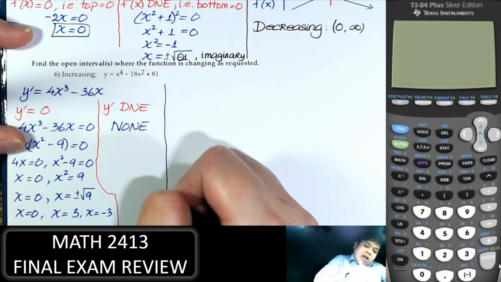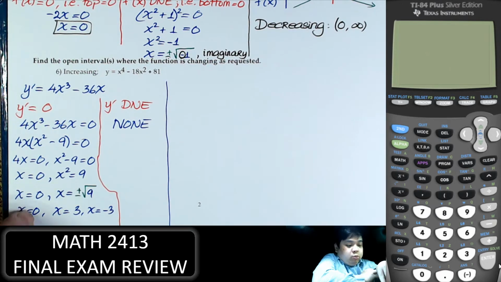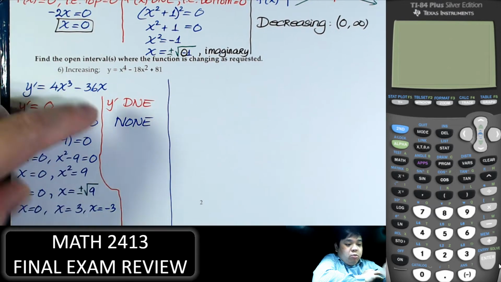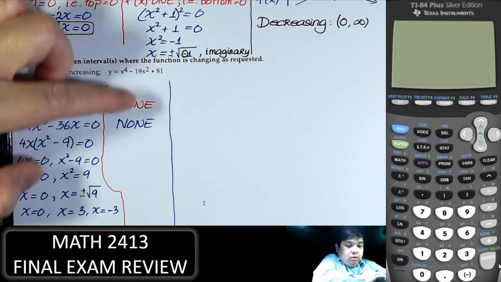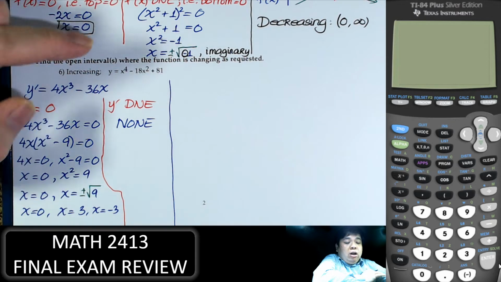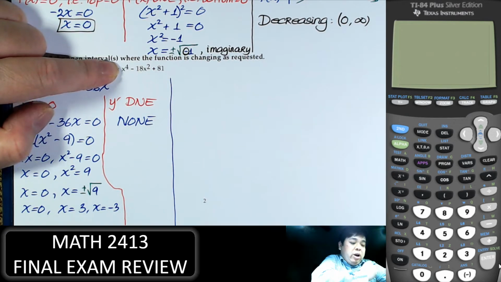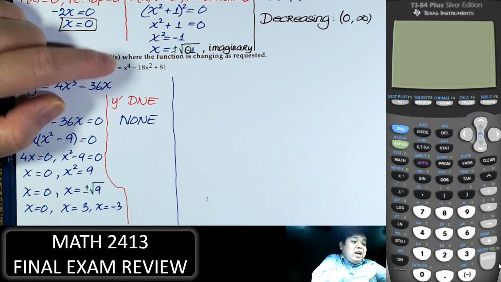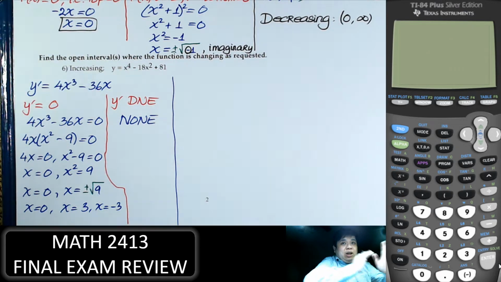Right? And then the sign chart. Once again, we do not need to put these points back into the original function, because one, the original function is a polynomial, so it is defined everywhere. Second, the question asks for an open interval, so we do not know what happened at the points.